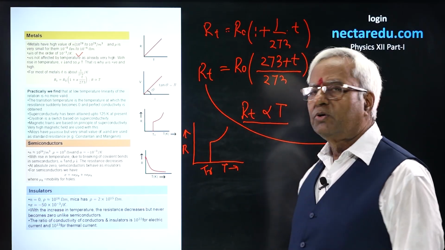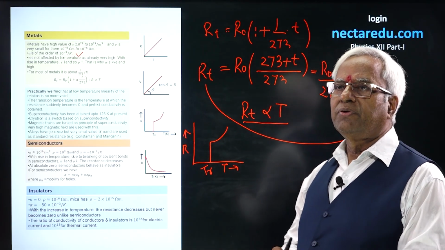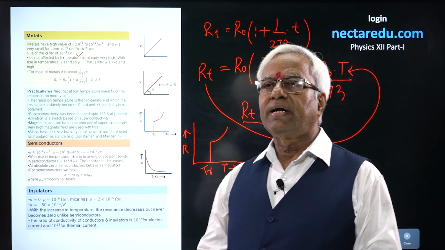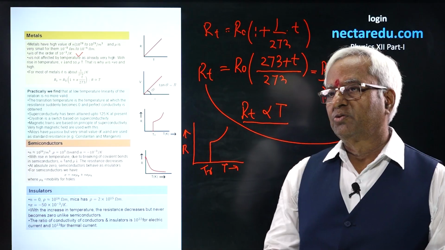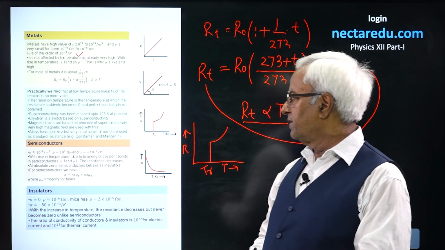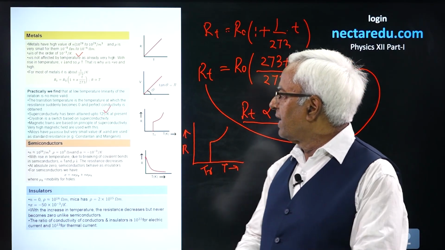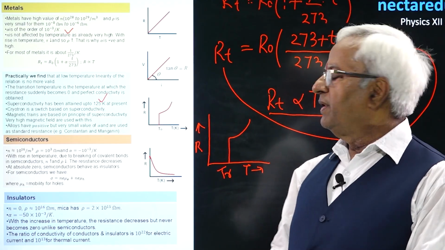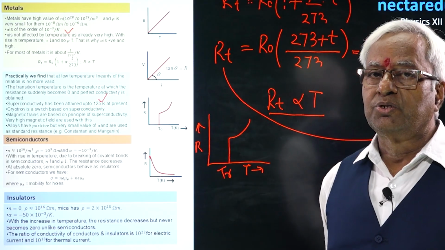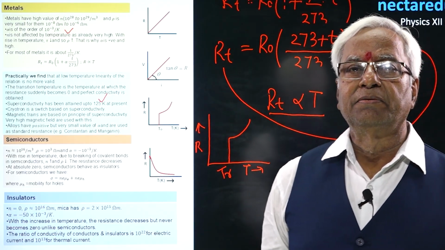Transition temperature is mostly very, very low, but efforts are on to find superconductivity even at higher temperature. So far we have been successful in finding superconductivity up to the limit of 125 Kelvin.